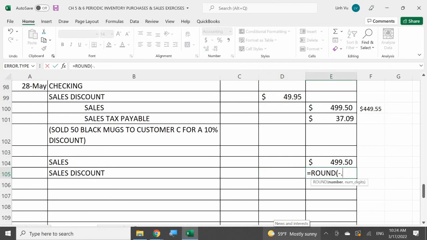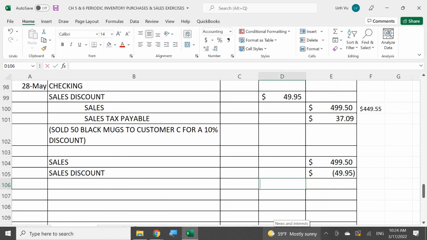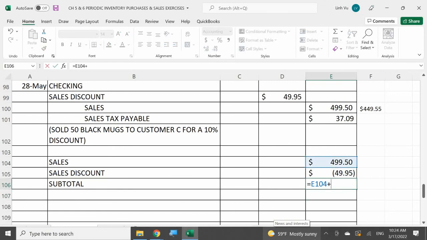So in this case, negative 10% times this number up here is going to be subtracting out $49.95. So here you're going to get your subtotal amount. Oh, wait, sorry. In this case, you're going to get the discounted amount. This is your discounted amount.